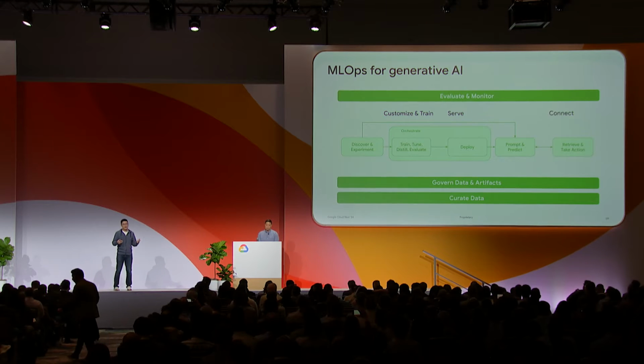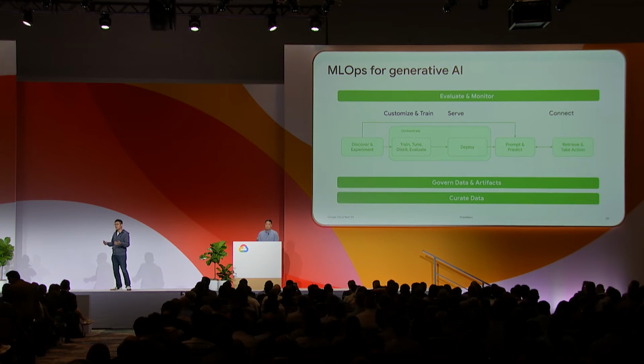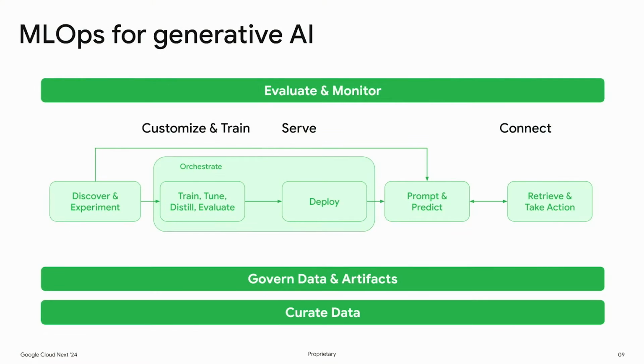So think about how a developer or data scientist deals with large language models today. You don't basically start with creating a data set or training a model and then trying to figure out how to go back to the data, right? Because you have so many choices now. With over 130 models in Model Garden, the first thing you're probably going to think about is, oh, which model should I use?